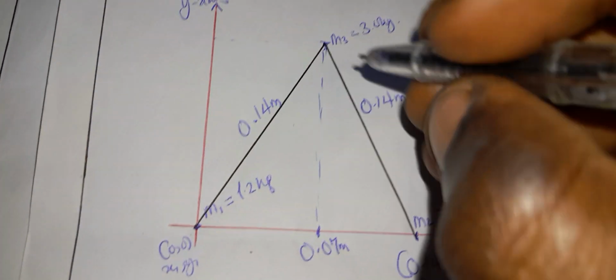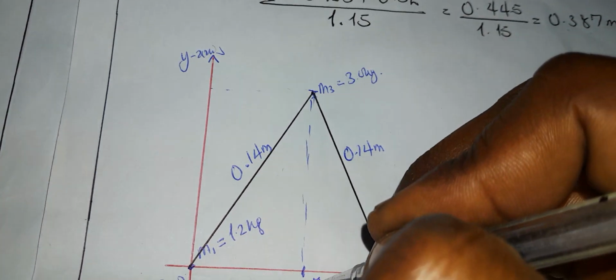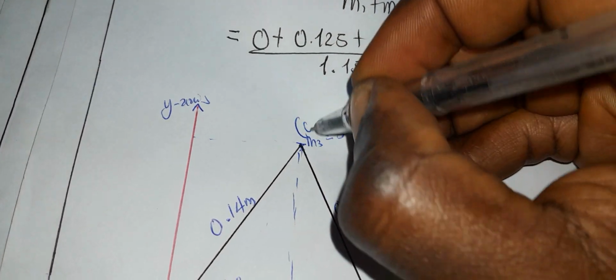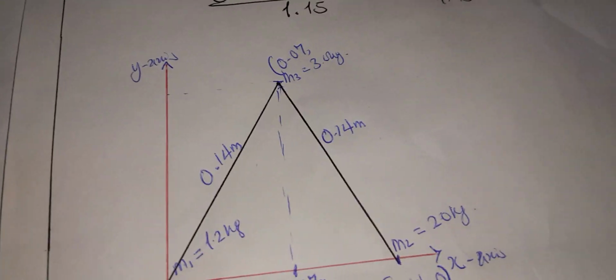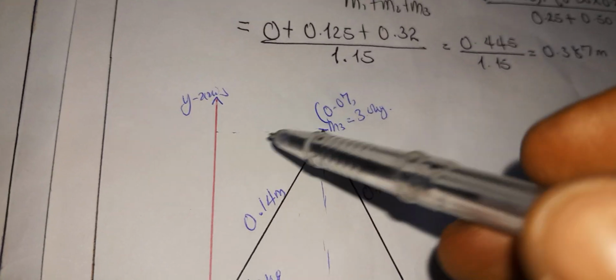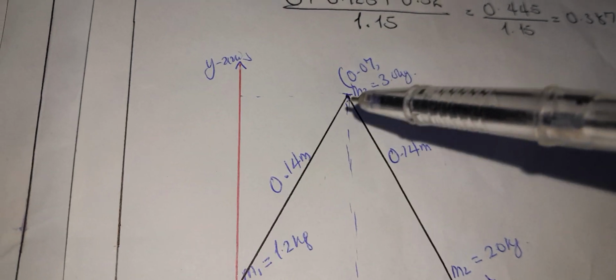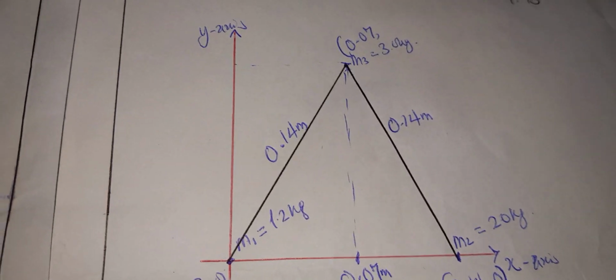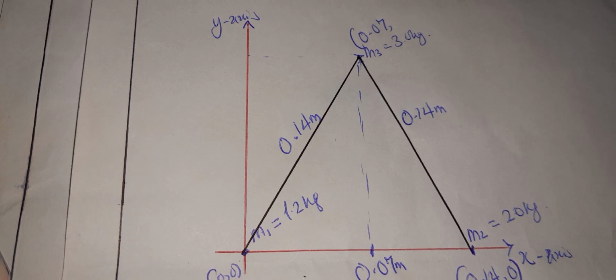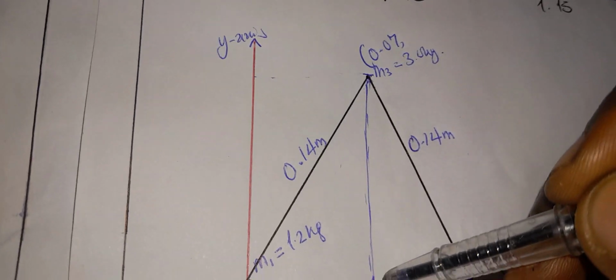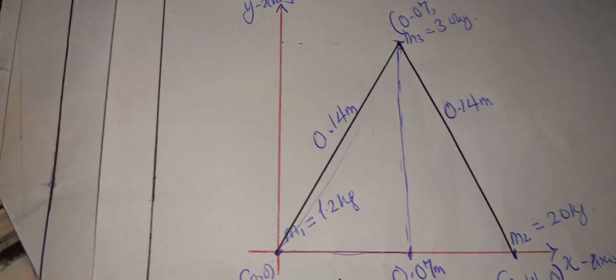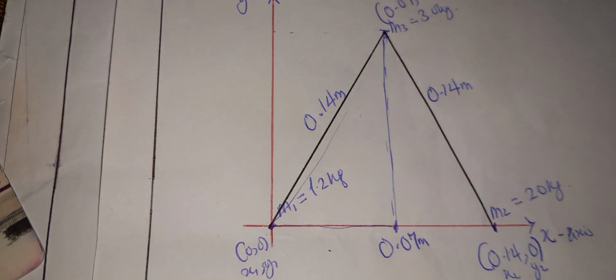So M3 on the x-axis is 0.07. Now the question is, what is the value of y at this point? We need to calculate it using Pythagoras theorem, because if you take a good look, you're going to see that we have a right angle triangle here. So I'm going to be calculating the height using Pythagoras theorem.